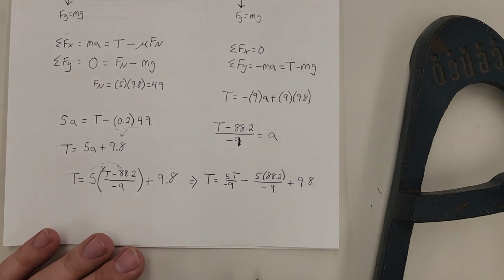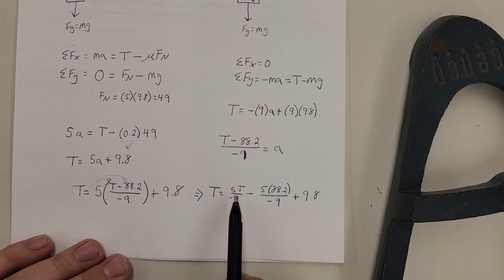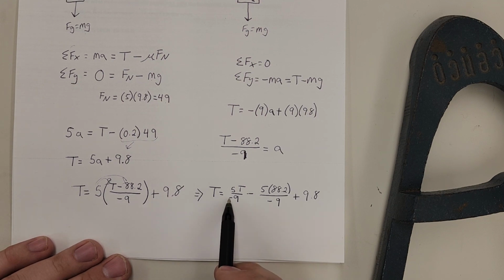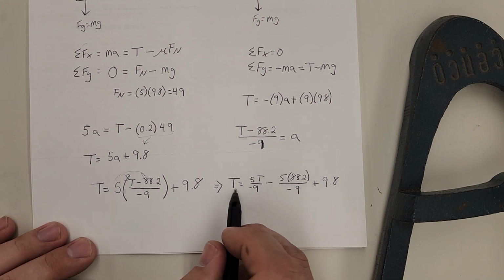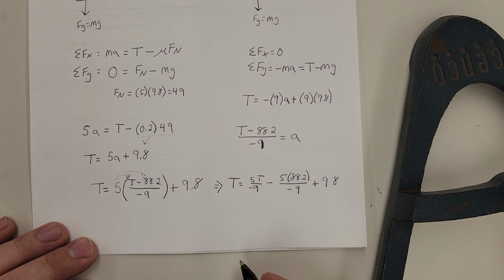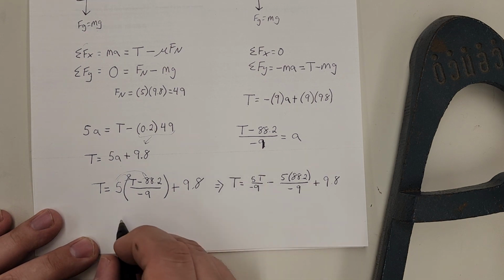It's getting a little bit messy, but it is problem 5. We should be getting to the harder ones now. I need to get this over to the other side. Right now it's negative 5/9 t, so I'm going to add 5/9 t. If I add 5/9 to 1, what do I get? Well, I get 14/9, right? 9/9 plus 5/9 gives me 14/9, and I'm adding it.